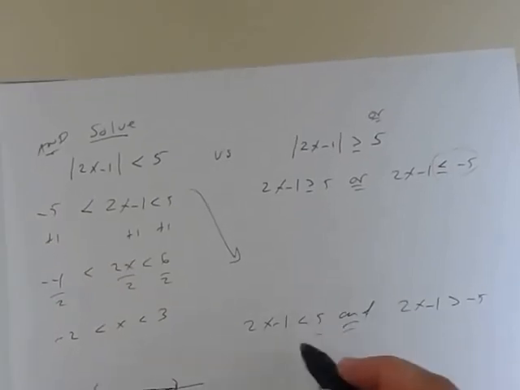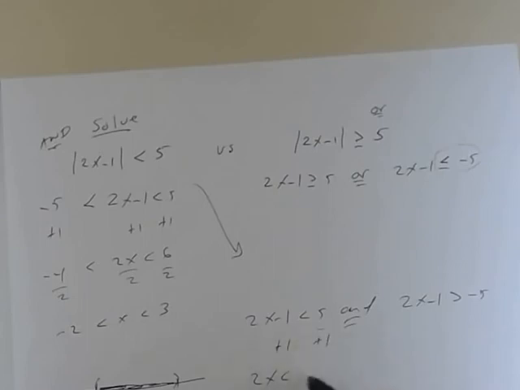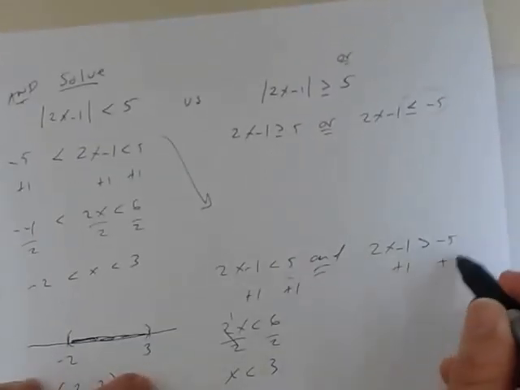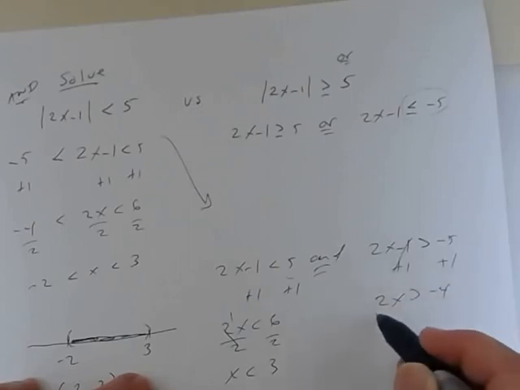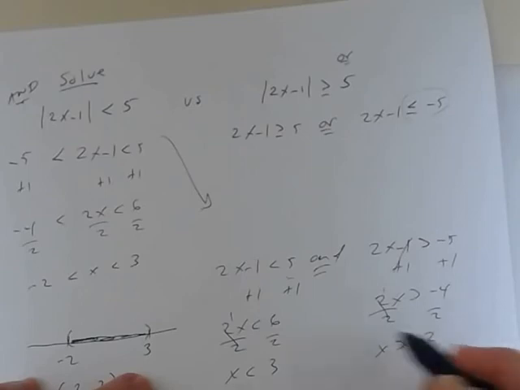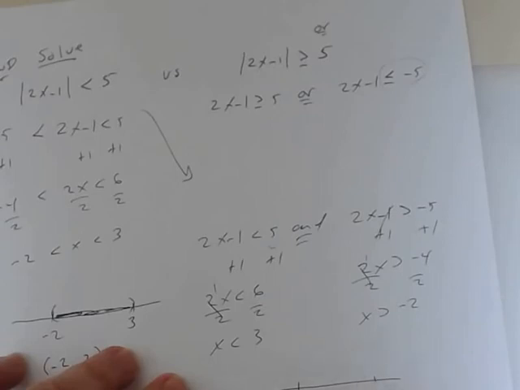So watch. Add 1. 2x is less than what? 6. Divide by 2. x is less than what? 3. Over here, add 1. 2x is greater than what? Divide by 2. x is greater than what? Negative 2. Remember, that's an AND statement. What that means is this. Listen carefully. Here's negative 2 and here's 3.